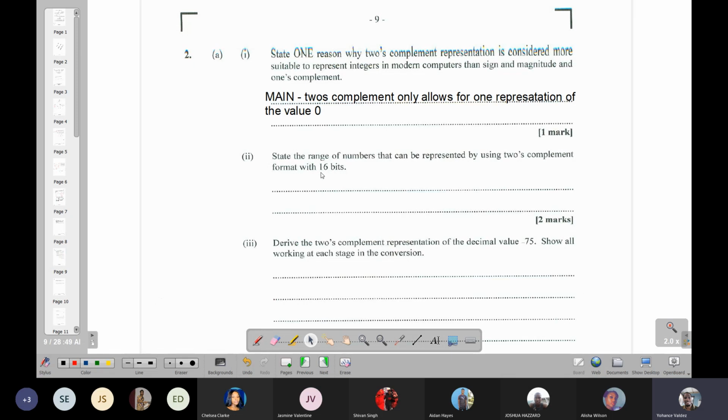With 1's complement, you also have 2 ways of representing 0, technically a negative and positive. That's a problem. 2's complement only allows for 1 representation of the value 0, and that's because of that consideration where you shift the bits. Okay.